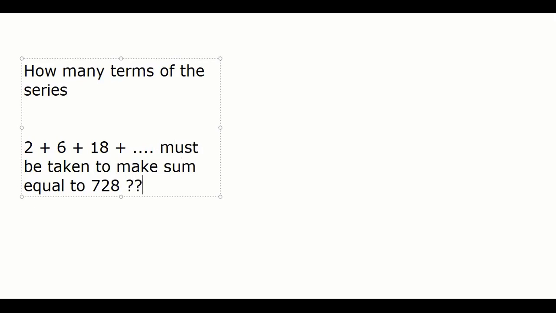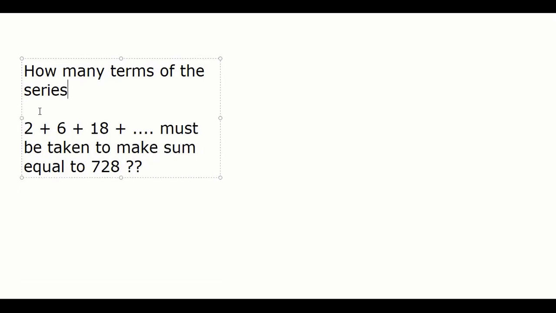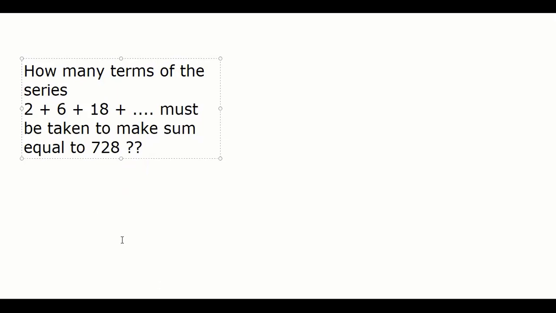Let's see who solves it. It's not difficult, but it's interesting. Tell me, how many terms should be taken to make sum as 728? They're not telling whether it's AP or GP, but you can find out what is happening.